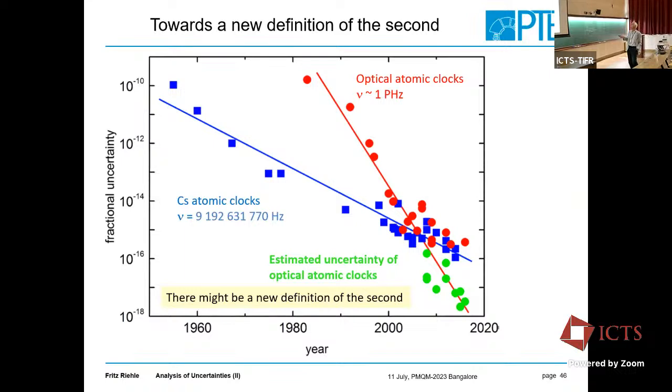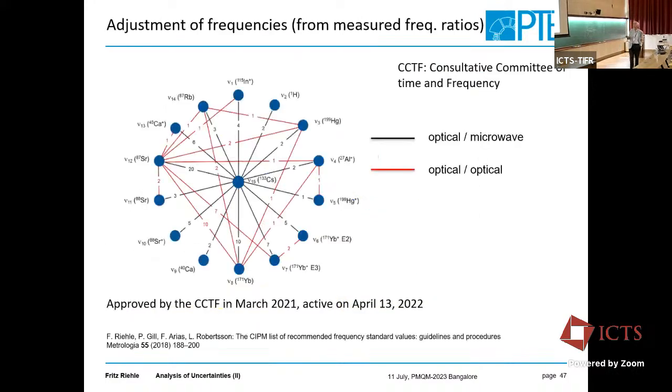So we have only estimated uncertainties to find the true line center of the transition. And okay, if we want to use this, we have to make a new definition.